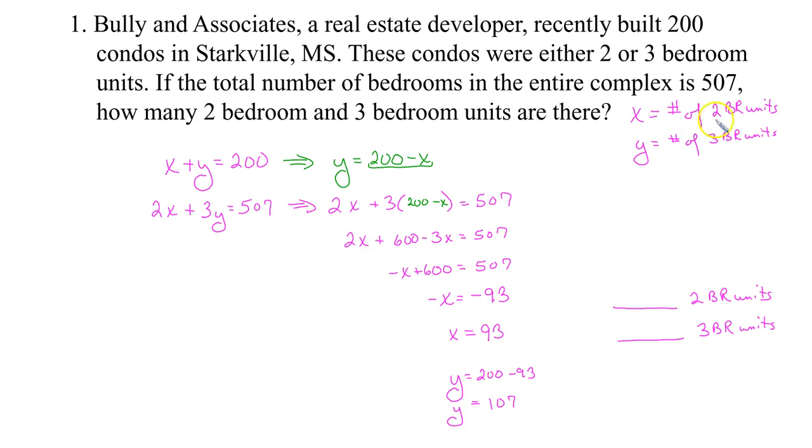Well, x represented the number of 2-bedroom units, so we can with confidence say there were 93 2-bedroom units, and y represents the number of 3-bedroom units, so there are 107 3-bedroom units.